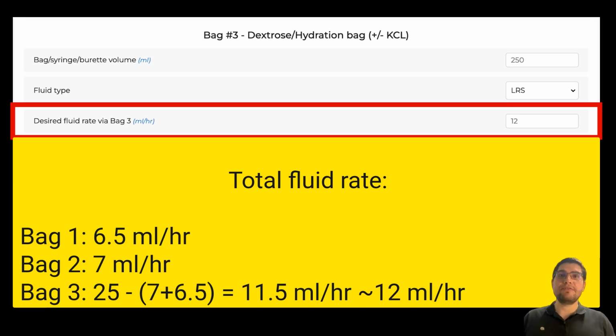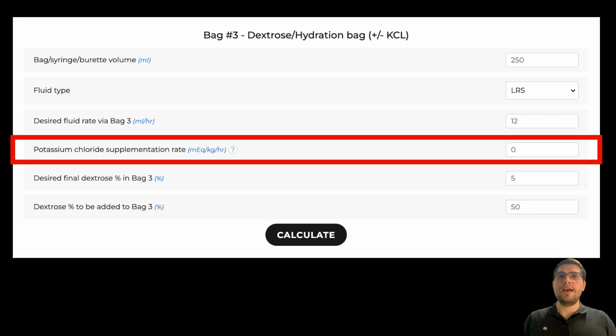This rate accounts for the patient's hydration status, maintenance requirements, and ongoing losses due to polyuria or GI upset. There is also an option to add KCl to bag 3, but in this case, it is not needed based on the patient's current supplementation plan via bag 2.